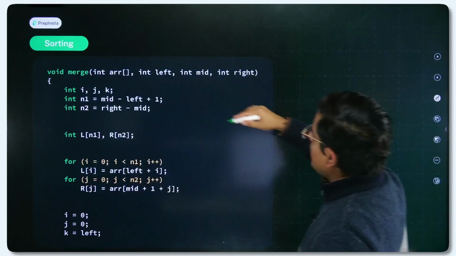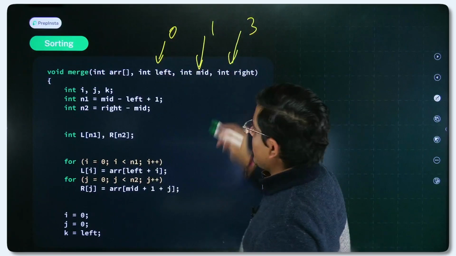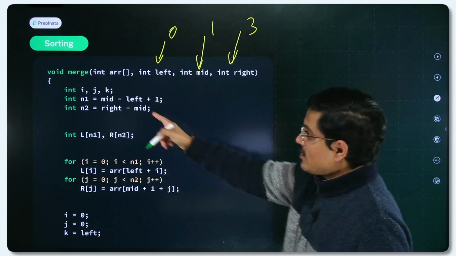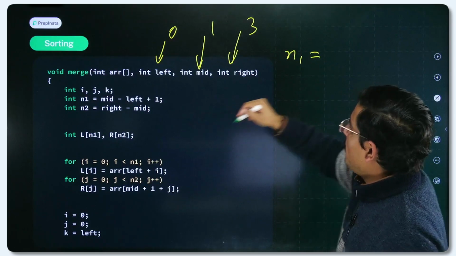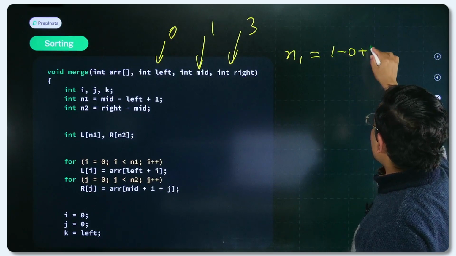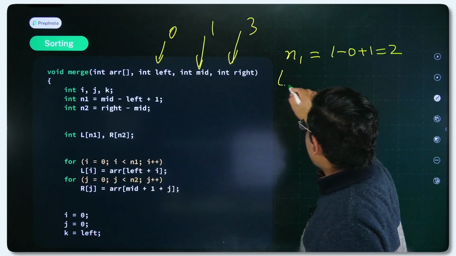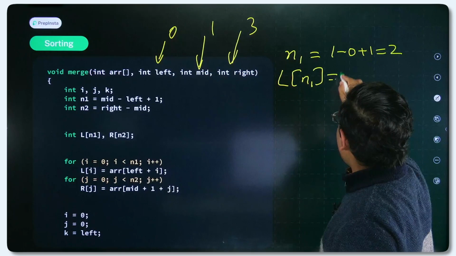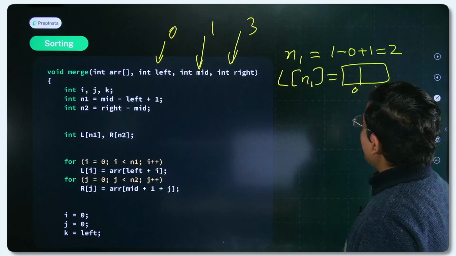So when I go further, 0 is passed here, 1 is passed here, 3 is passed here. Fine. What is N1 now? If you carefully see, mid minus left plus 1. So this is 2. This time the array which you will declare as L of N1 will have 2 elements, right, with 0 and 1 index.